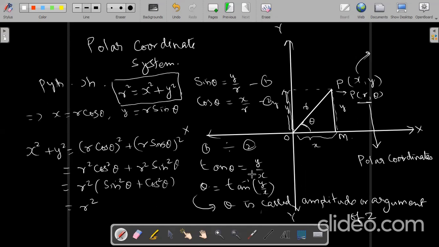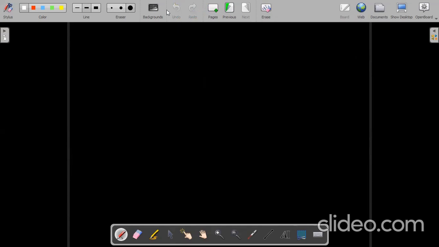Now the principal argument. As you know, theta can take many values, so we have to bring in the principal argument. In the principal argument, theta is equal to tan inverse of y upon x, as we have seen.